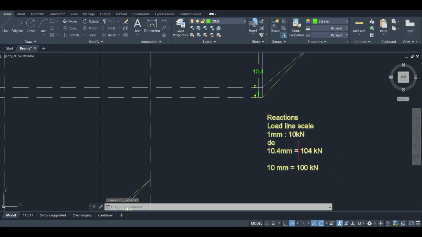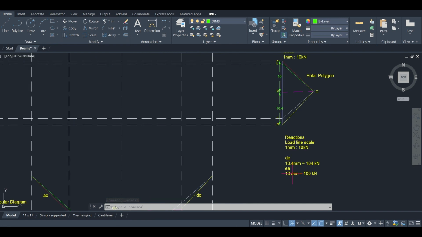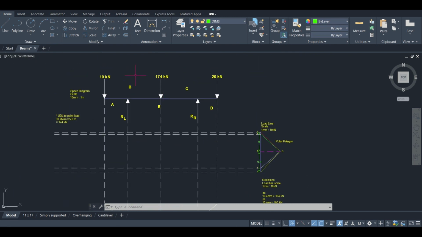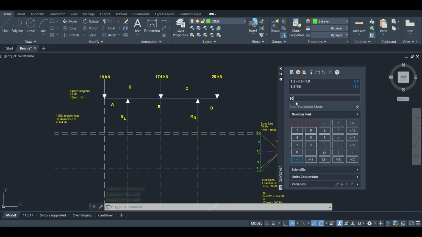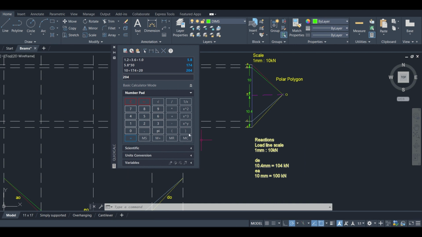So we could actually do a test to see if the sum we're getting for the upward, which are the reactions, is in fact equal to the sum of the downward. 204, good. And the sum here is also equal to 204.